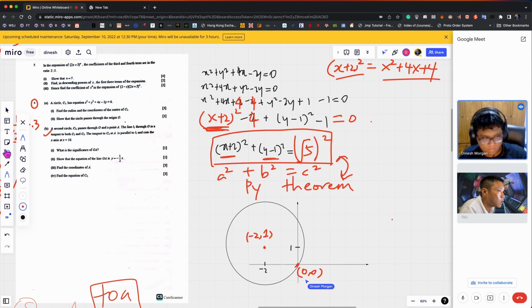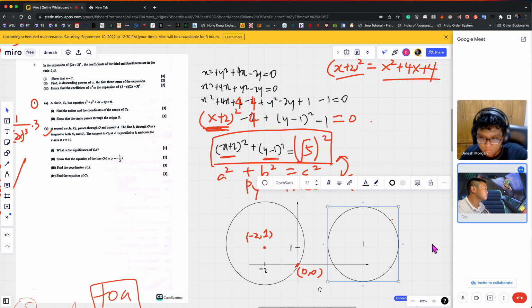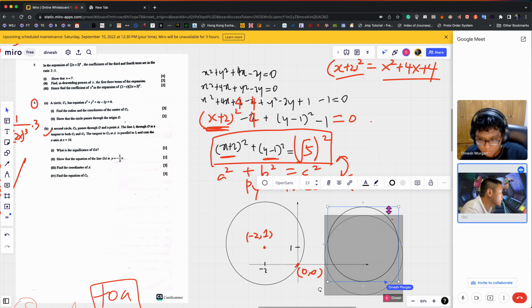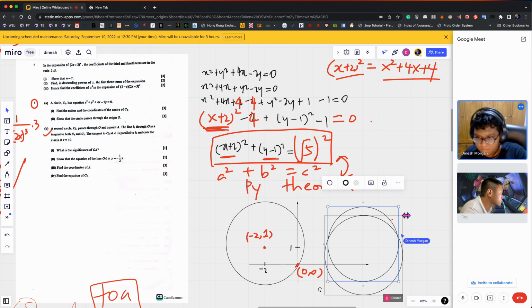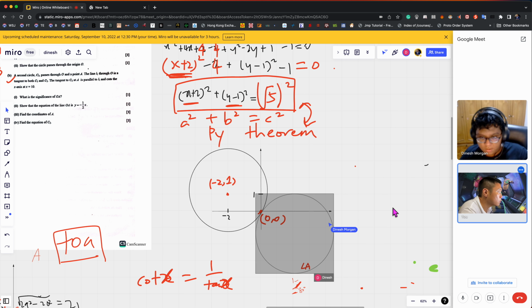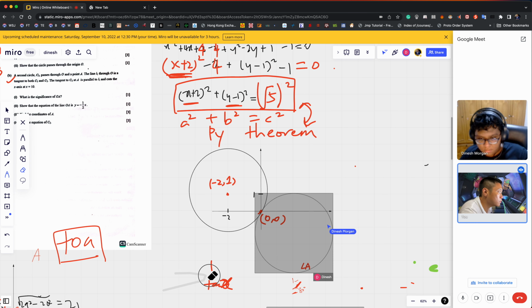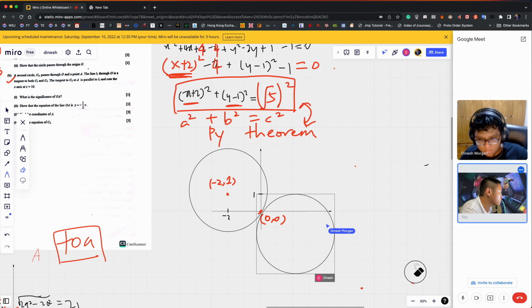So how do you insert the circle? Let me just give you a circle, and let me erase one of them. Actually, I also don't know, but we need to go with this first, and then we adjust later on.